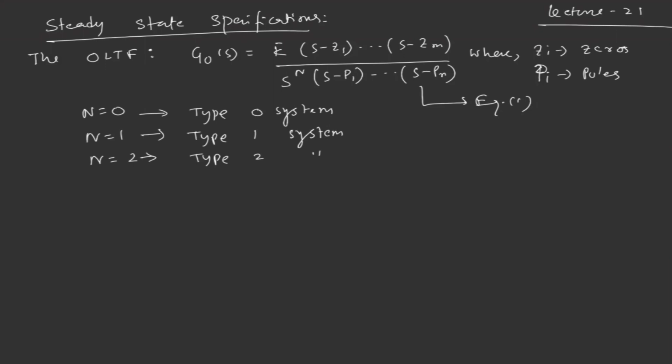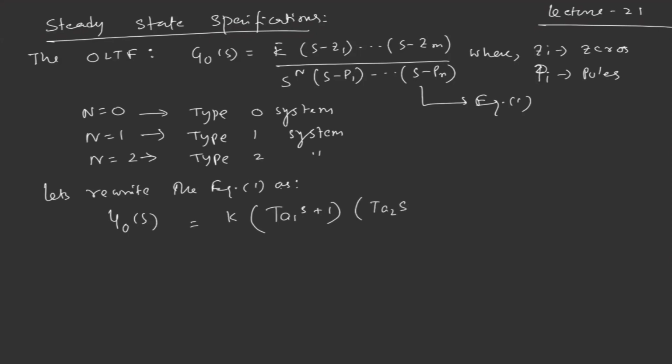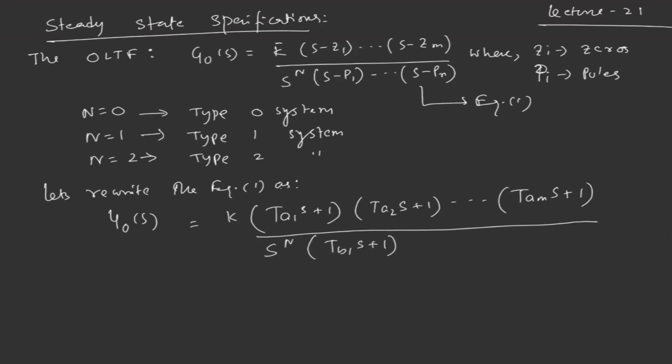Now let's rewrite equation number 1 as G naught is equal to K (Ta1 s plus 1)(Ta2 s plus 1)...(Tam s plus 1), and for the denominator, S to the n (Tb1 s plus 1)(Tb2 s plus 1)...(Tbn s plus 1). This is basically the same expression, but we wrote it in a different format.